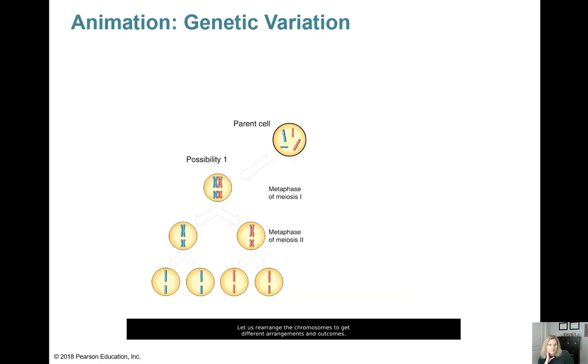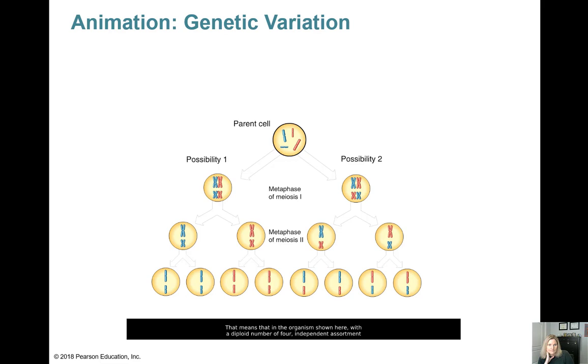Let's rearrange the chromosomes to get different arrangements and outcomes. There are 2 different ways that each chromosome pair can line up. That means that in the organism shown here, with the diploid number of 4, independent assortment of chromosomes at metaphase 1 can produce gametes with 4 different combinations of maternal and paternal chromosomes. In a human being with 46 chromosomes, more than 8 million combinations are possible.